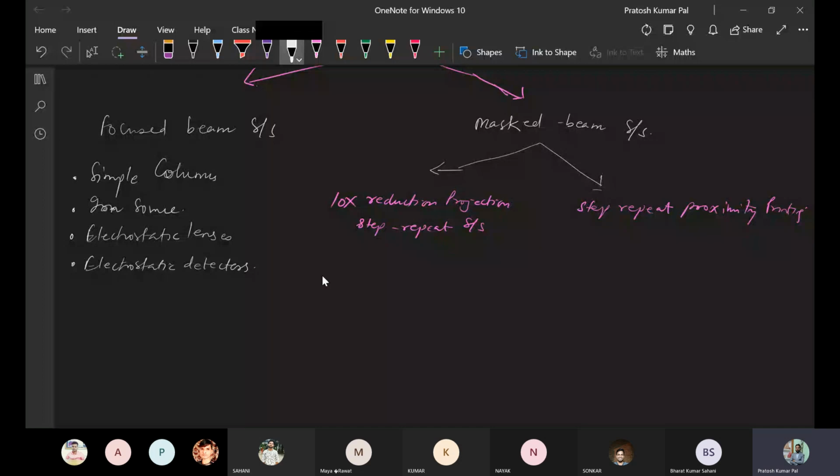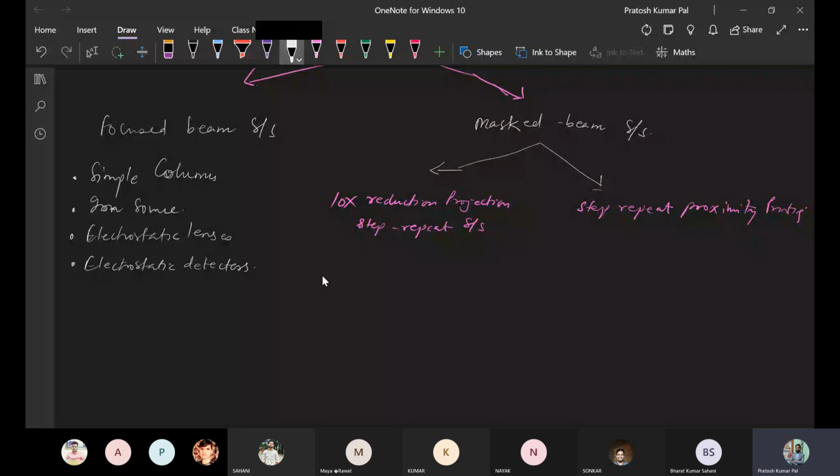Okay, so here we are using a mask. Here a silicon mask is used, and there a stencil mask is used. So in the mask system, we will be projecting the ion beam through a mask.